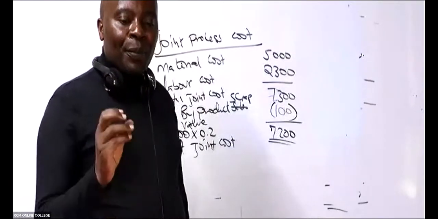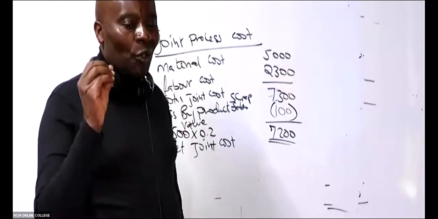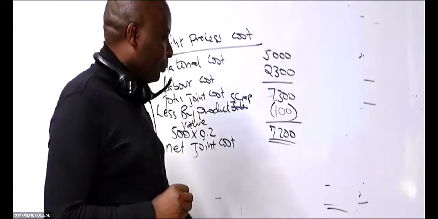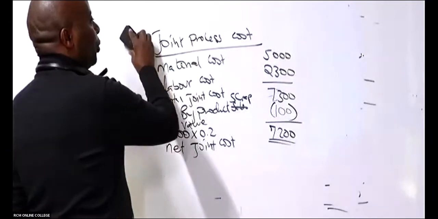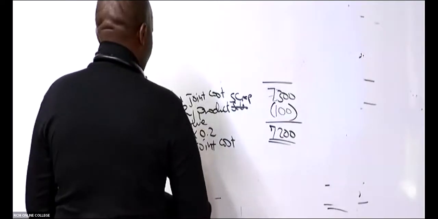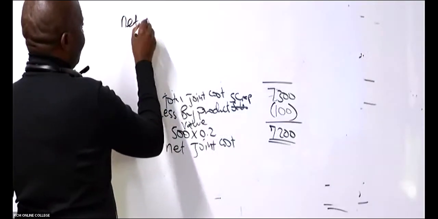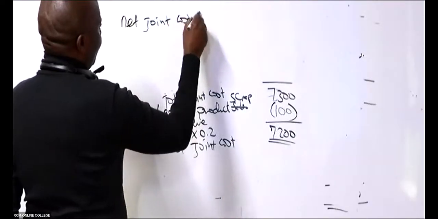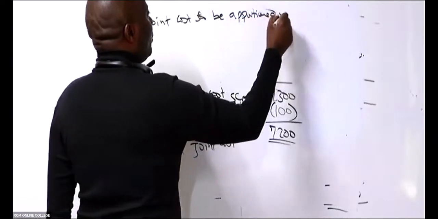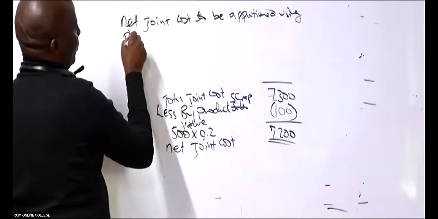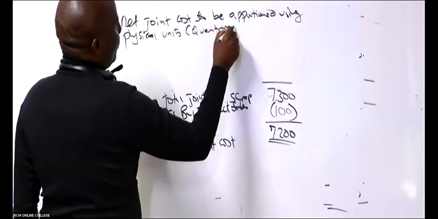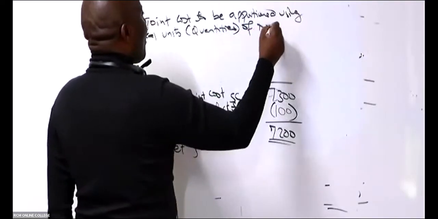And remember, here the examiner wants us to use physical units, so the net joint cost is to be apportioned using the number of units produced, of main products only.